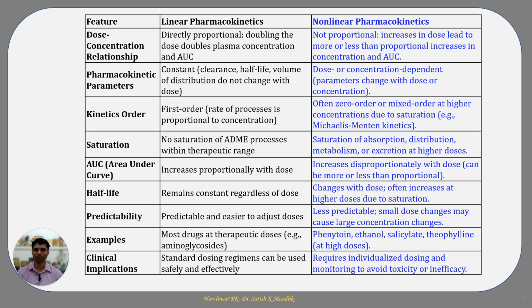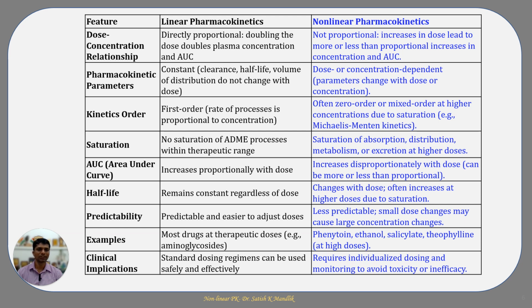Saturation happens with the ADME at higher doses in non-linear pharmacokinetics. The area under the curve increases disproportionately with the dose, so it can be more or less than the proportional one. So variable AUC happens in non-linear pharmacokinetics.